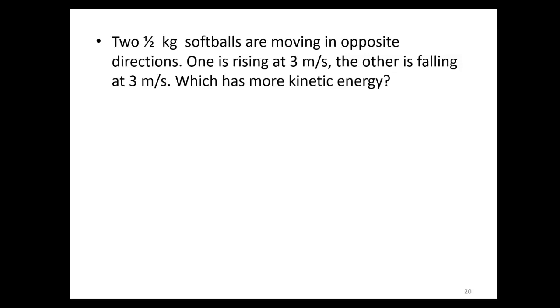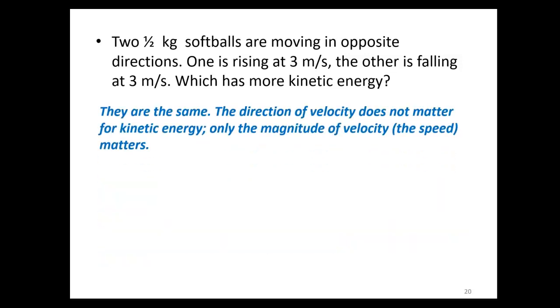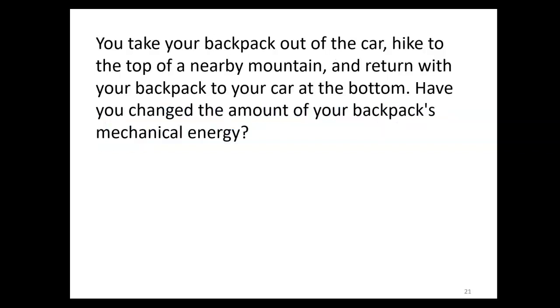Which one has more kinetic energy? You might think the one that has the positive velocity has more energy, but really they have the same amount of kinetic energy. Remember that the formula for kinetic energy is half of the mass times the velocity squared. So whether the velocity is positive or negative, you get the same value when you square it.